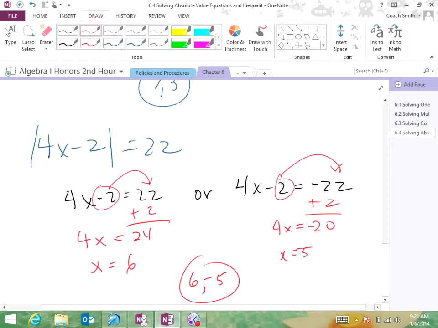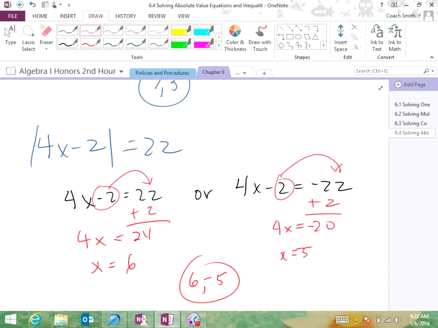So is the rest of it just for checking your work? Yeah, I was just checking to make sure that I came up with the correct answer. And you would do the same thing here. You'd plug in the 6. 4 times 6 would be what? 24. So 24 minus 2 would be 22.